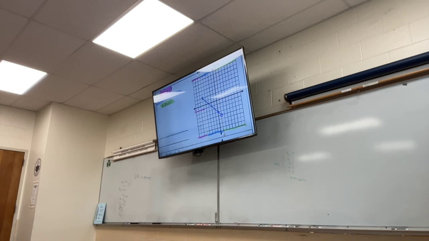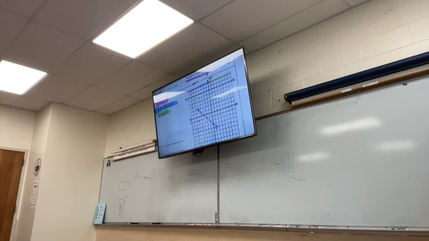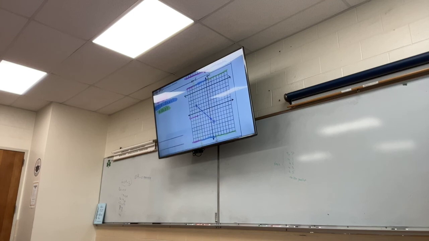All right. And then we'll go ahead and graph this green line everywhere g of x equals positive 6. But we only want to keep the part of the green line that's in the green region.